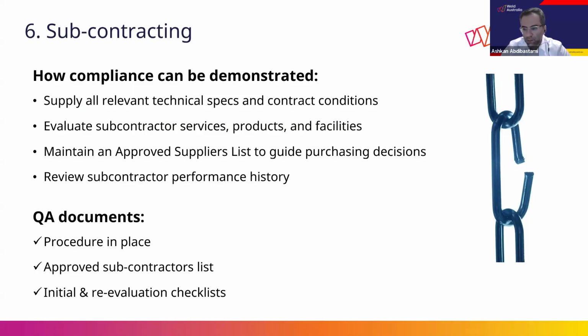So the performance history should be reviewed regularly. Supporting QA documents here include a documented procedure for part 2 again, and approved subcontractor list should be provided, and initial and reevaluation checklist are needed to record the evaluation of the suppliers.